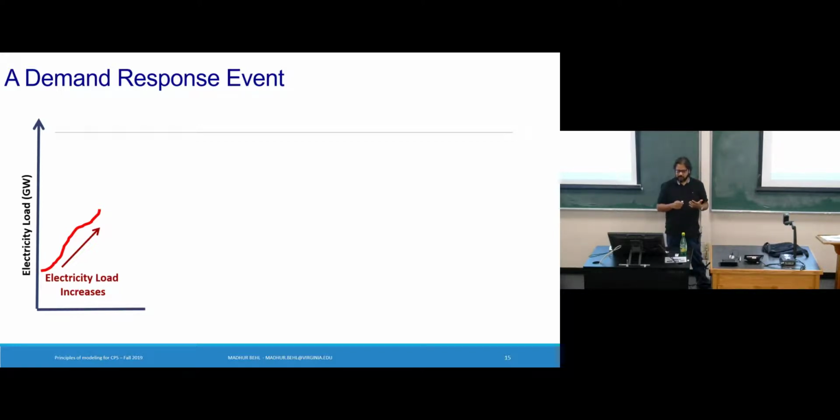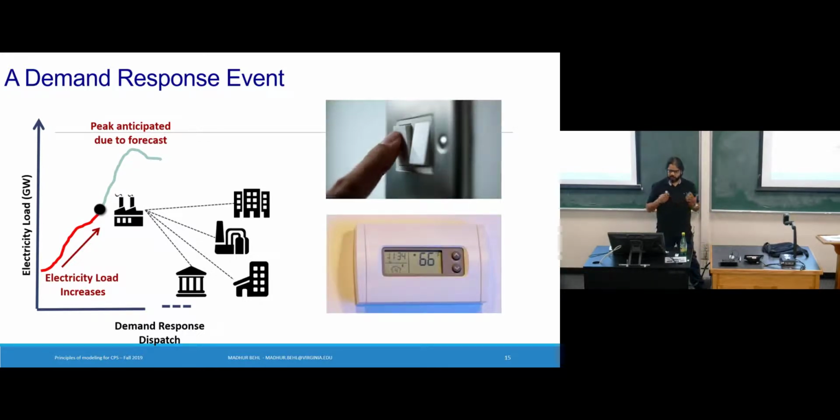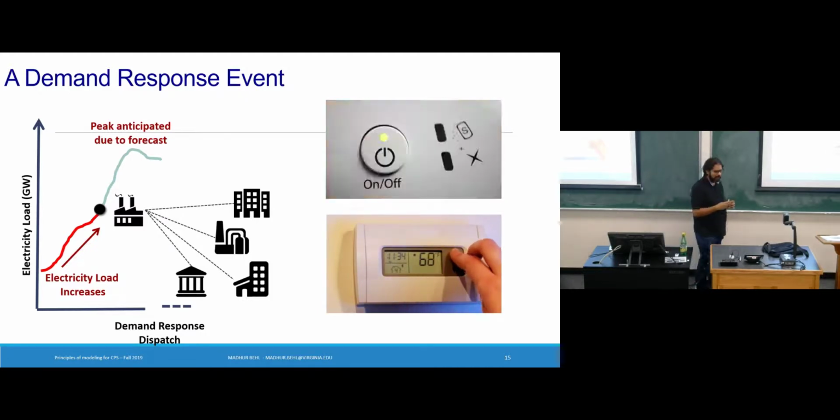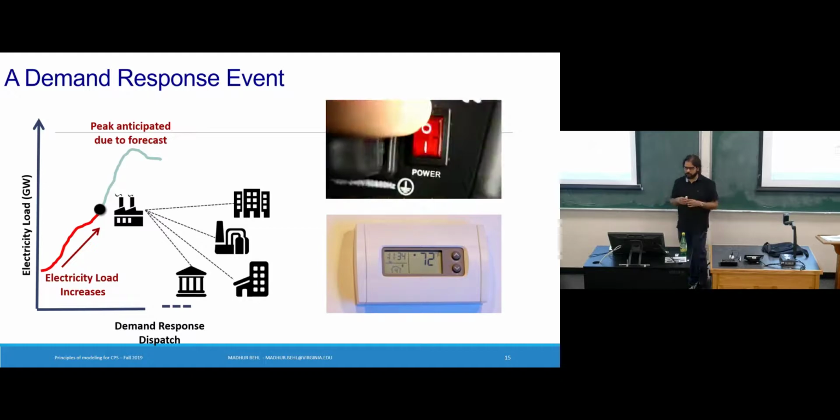So when the electricity grid operator realizes that there's going to be a peak event, they can dispatch this request to these large-scale consumers, and request them to temporarily reduce their peak demand, even on a hot day. So they can either shut down some systems which are non-critical, or just raise the set points on the thermostats across major components.